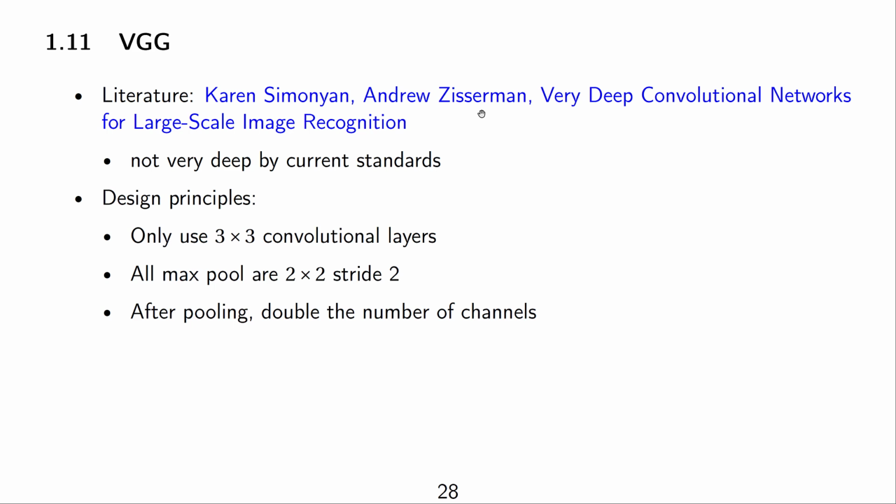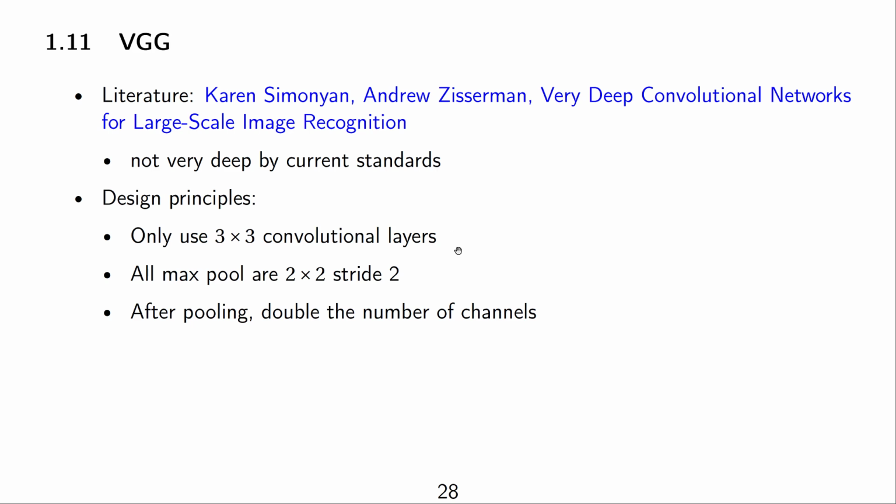The paper is called Very Deep Convolutional Networks for Large-Scale Image Recognition. Now, this very deep didn't last long, so basically next year these networks already looked quite shallow in comparison, but the engineering challenge here was going from something like 7-8 layers to higher, and they managed to go up to 19 layers.